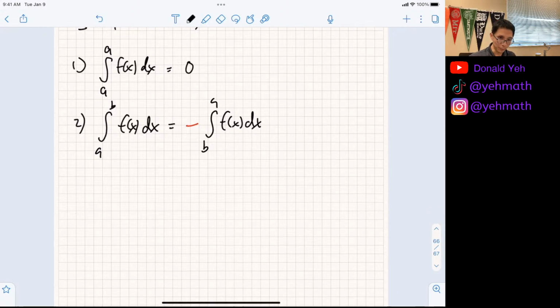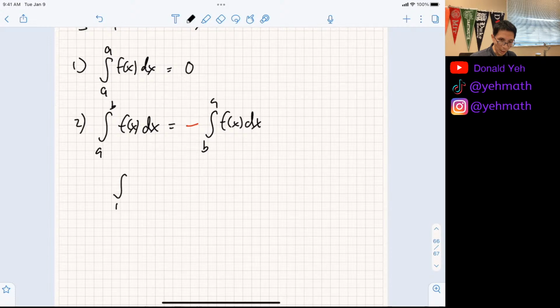For example, if I have the integral from 1 to 5 of 2 dx, that's equal to 8. Or do you want 5 to 1? Oh yeah, 5 to 1, sorry, you're right. It's going to be negative 8, right? Does that make sense? It depends on which orientation you want. If I do it the other way, it's going to be negative 8 because you went from high to low.